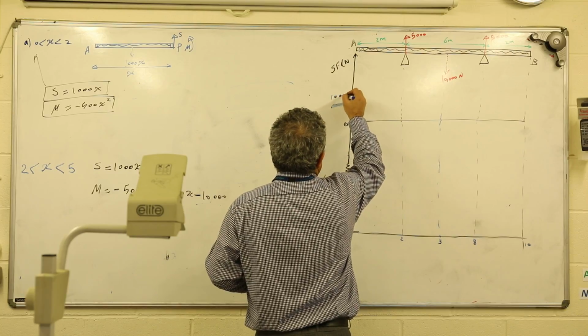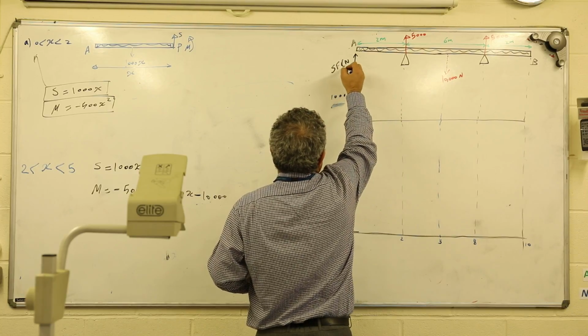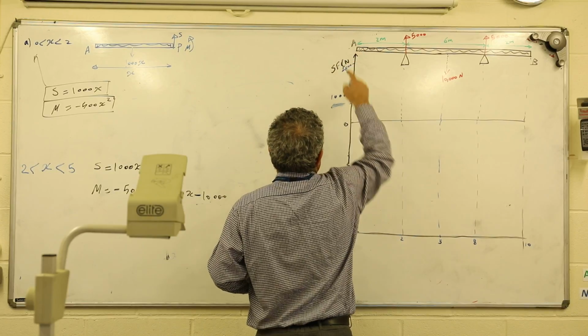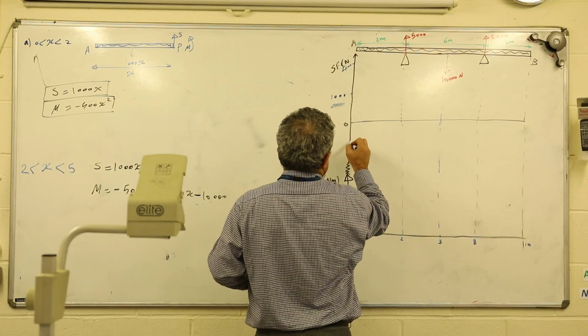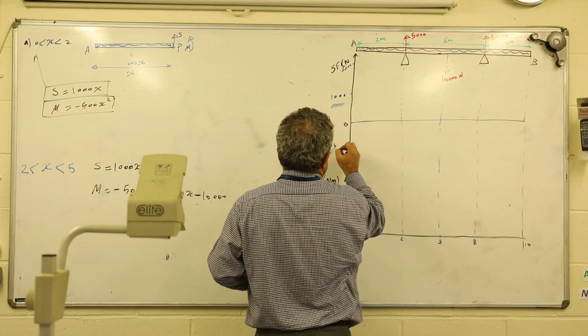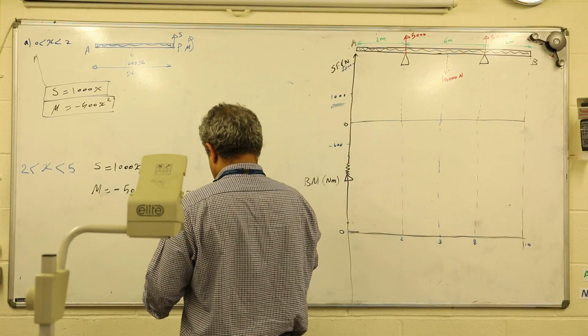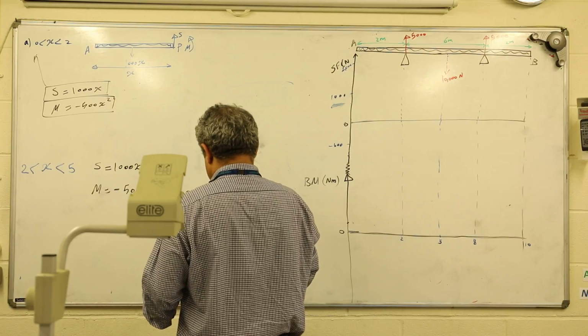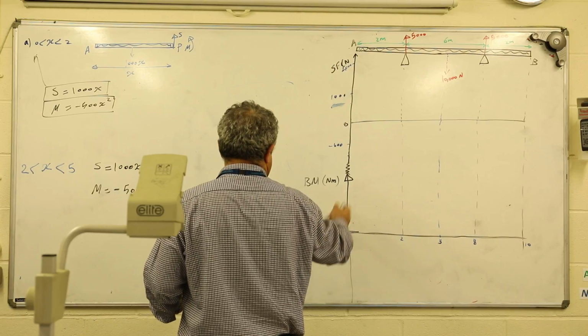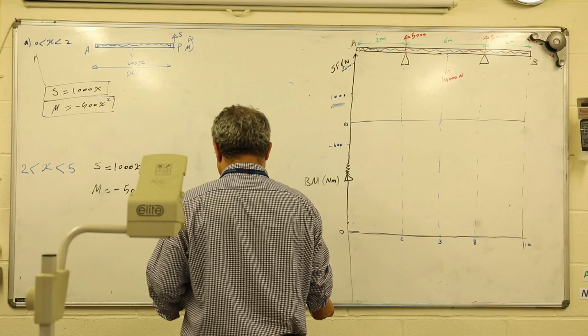1,000, 2,000, 3,000, you go up, yeah? And this is a minus 1,000. And you can go down. Am I right? Yes? And similarly, you can go this way as well. Yes?